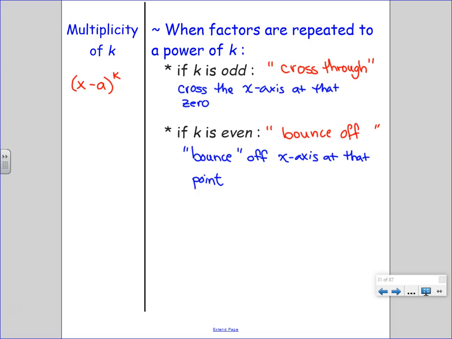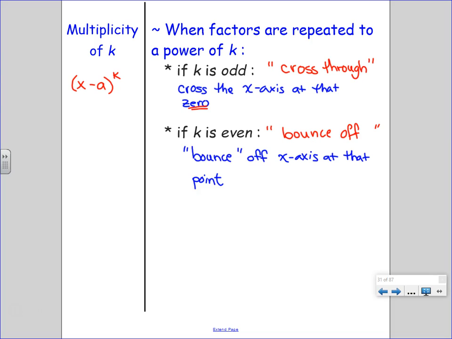If you're able to factor a polynomial, which remember, these are easier-ish ones than other ones we might see later, and if a factor is raised to an odd number, actually including 1, 3, 5, 7, if a factor is raised to an odd power, at that 0, at the 0 from the factor, remember, every factor can get a 0, at the 0, you're going to be crossing through the axis, from below to above or above to below.